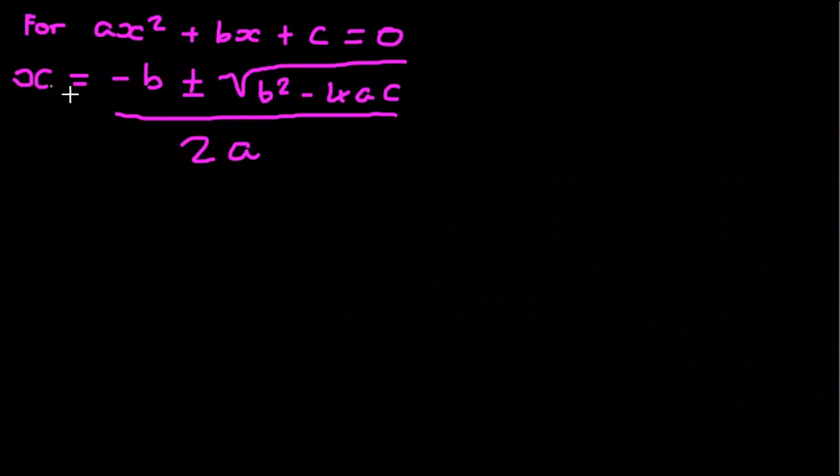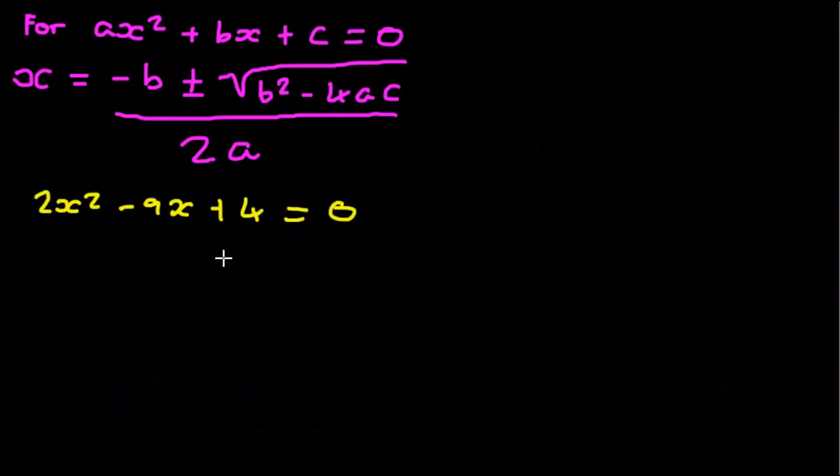Okay, so we're going to take a specific example and we'll do that in a different colour. So we're going to look at the quadratic 2x squared minus 9x plus 4, and I want to know for which values of x does this equal 0. So to do that, we plug this straight into our quadratic formula.